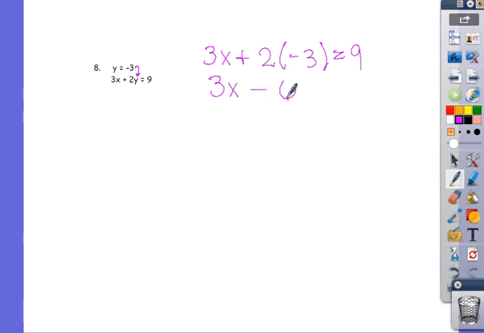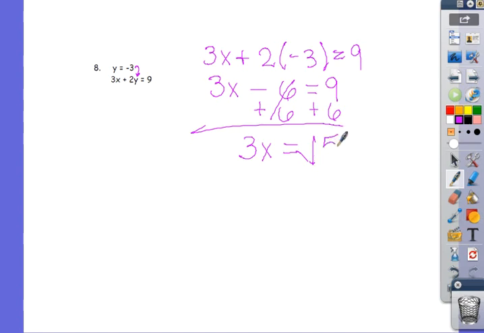Minus 6 or plus negative 6, either way. Okay. Next step. Add 6. Bring down the 3x equals 15. Last step. Divide by 3. Good. You get 5. X equals 5.